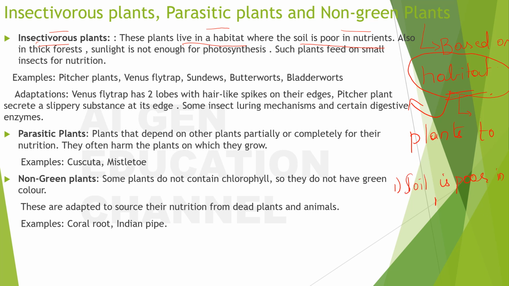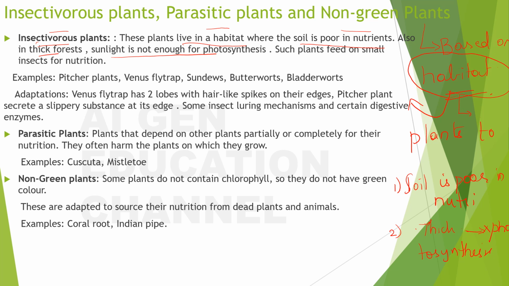And what is the other thing? Also, in thick forests sunlight is not enough for photosynthesis. So the other point which has contributed is, in thick forests the sunlight is not enough, so no photosynthesis, right? For photosynthesis, what is the main thing?